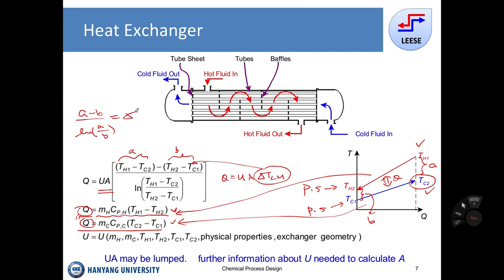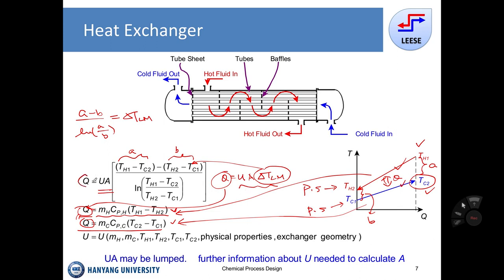So using Q equals UA times the log mean temperature difference, we have another expression. That Q is the same as this Q. It is not different, but the way of expressing Q is different. This one is based on the interaction between the red stream and the blue stream.